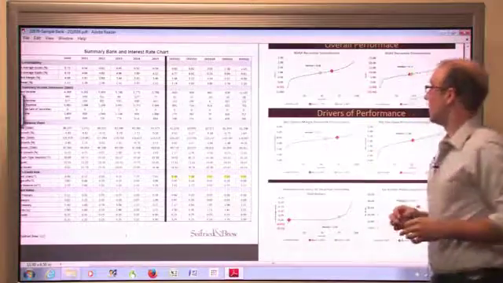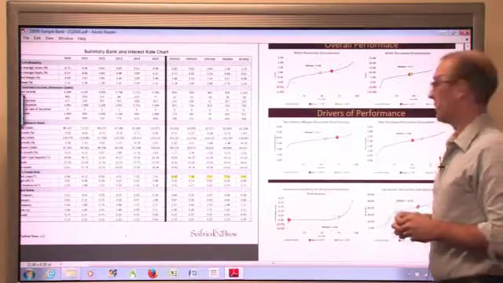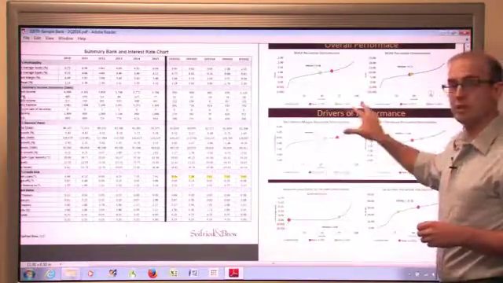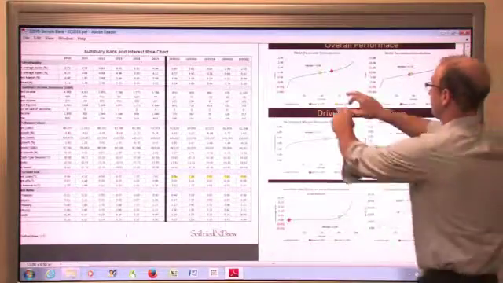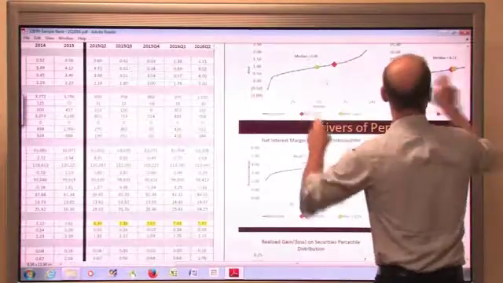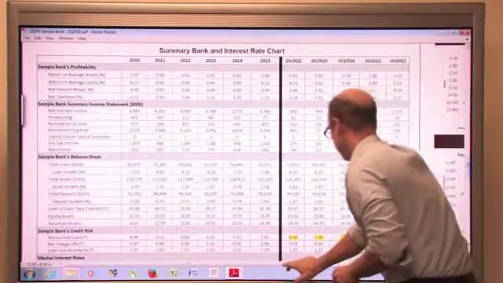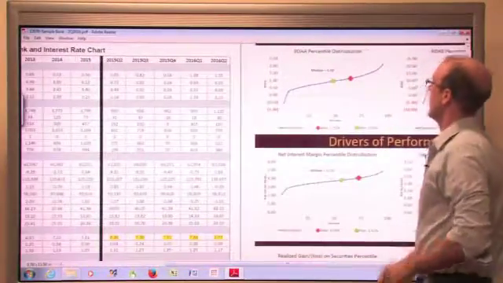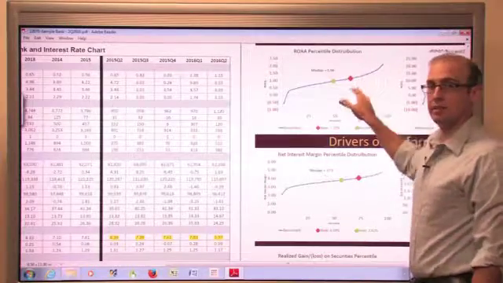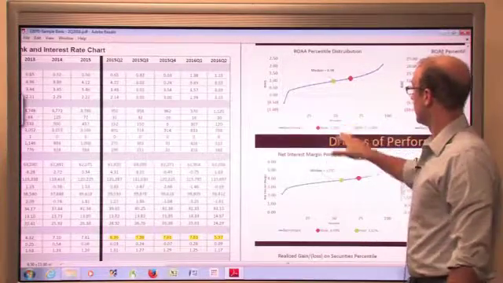Now we get into one of our newer additions to our reports, a distribution chart. So you really get to see where this particular bank has been performing. The red dot represents this bank that we're looking at.